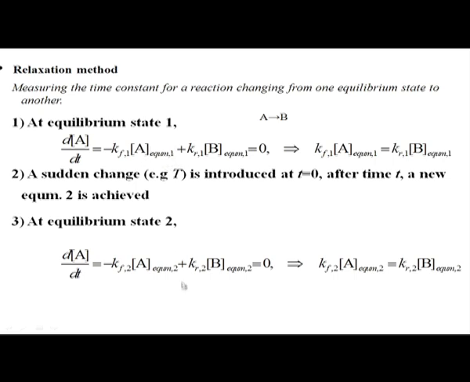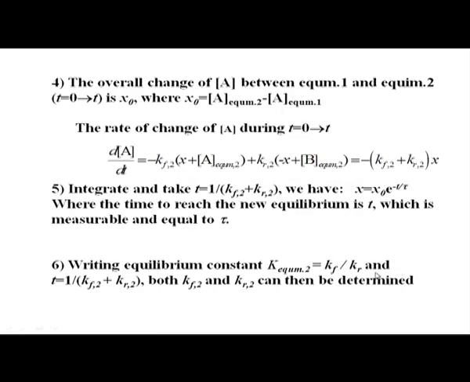This is equilibrium 1, this is equilibrium 2. This is the expression for equilibrium 1, and this is the expression for equilibrium 2. The overall change of concentration of A between equilibrium 1 and equilibrium 2 takes time t. If it is x0, then x0 is equal to this much.